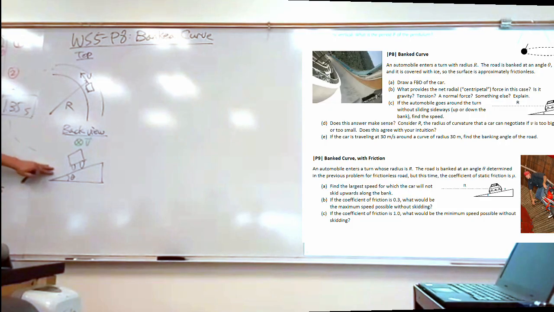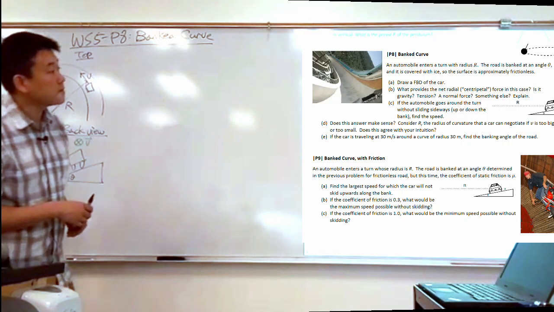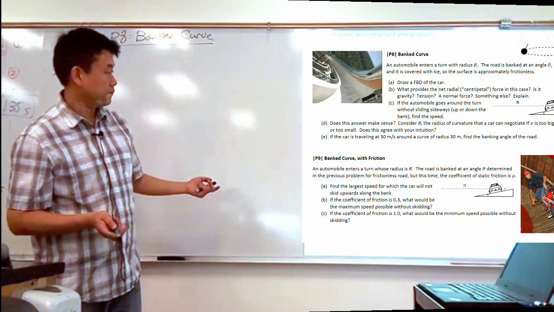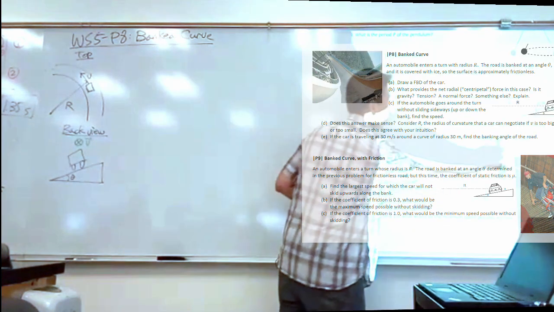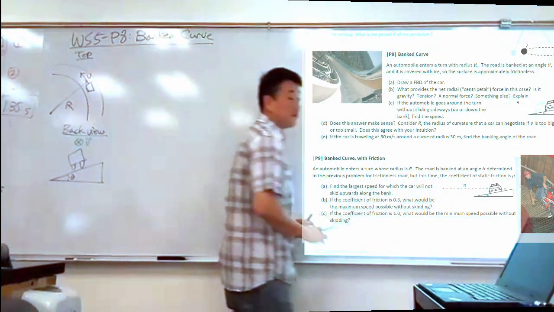You kind of have to describe both of these pictures to describe the motion fully, because in the back view, it's hard to label this radius r or the velocity, but from the top view, you can't really see the angle of the road. Okay? So this is the description of the setup. What they're eventually asking for is the banking angle.